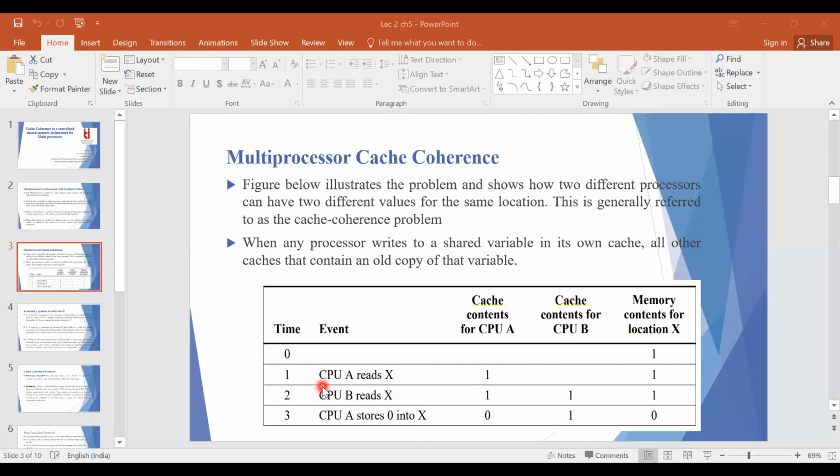At time t equal to 1, CPU A wants a read for x. So it sends a control signal for read of x to the memory. And it reads a value of x equal to 1 from the main memory since its own cache was empty.